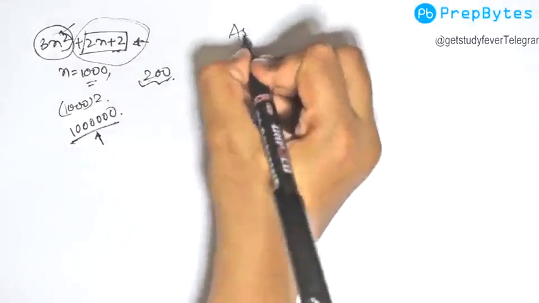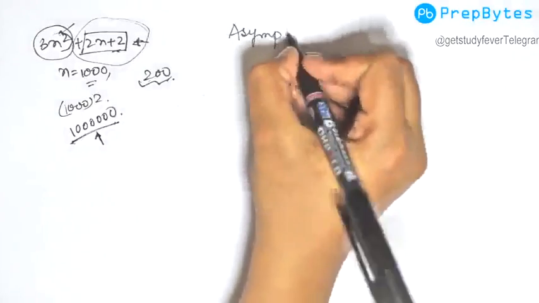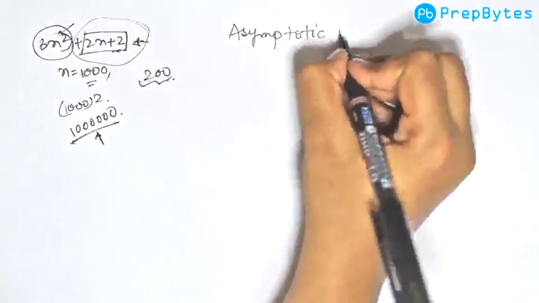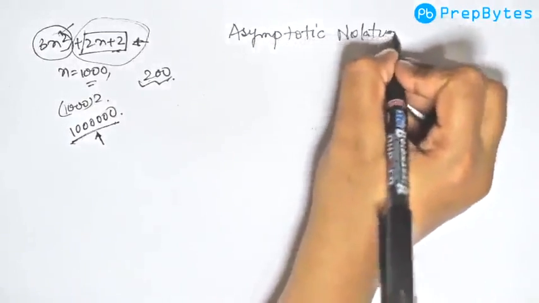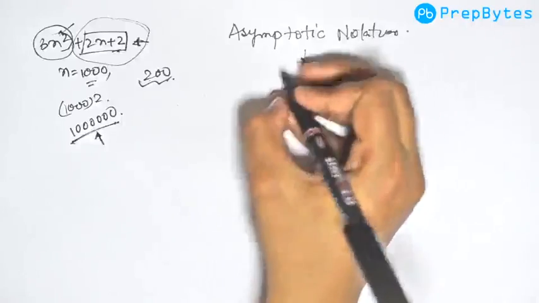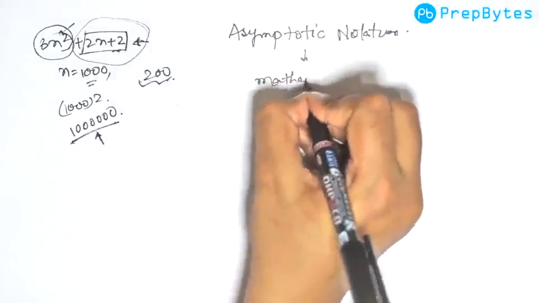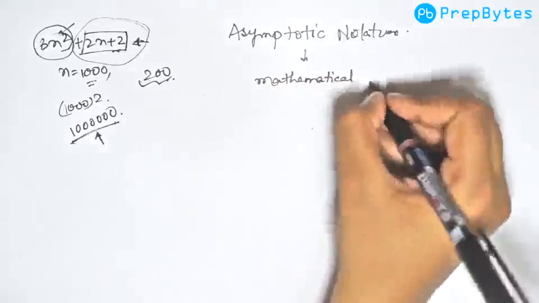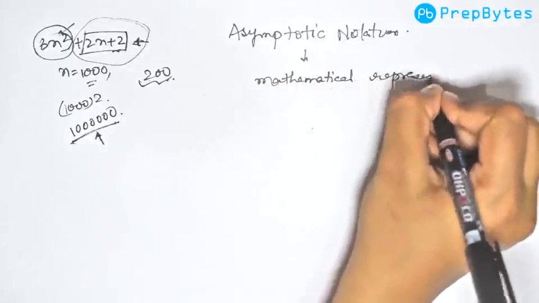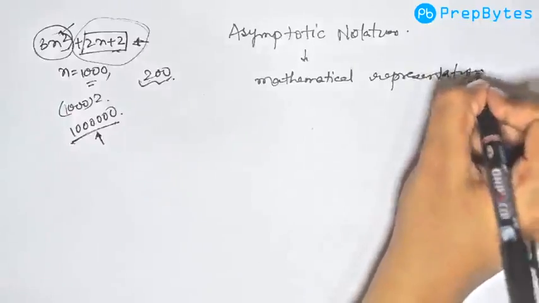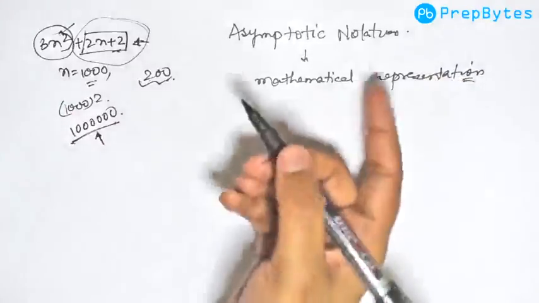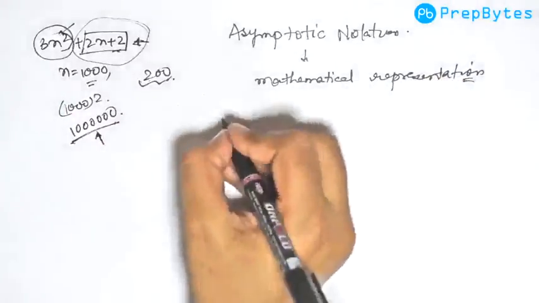Asymptotic notations are nothing but the mathematical representation of time complexity. Further, asymptotic notations are of 3 types.